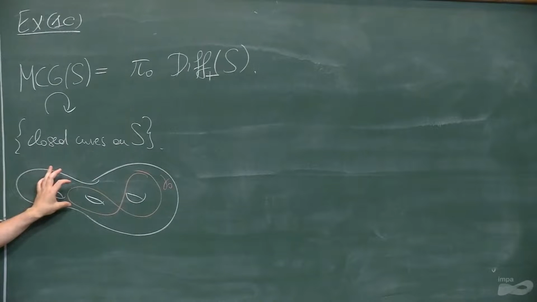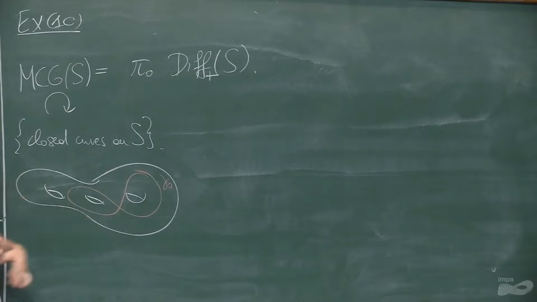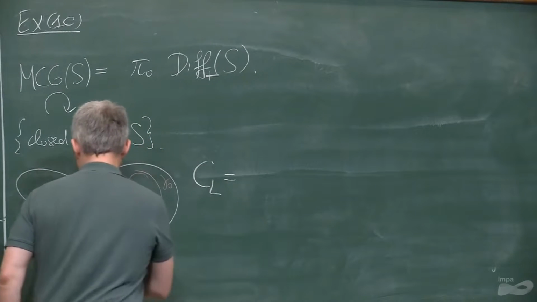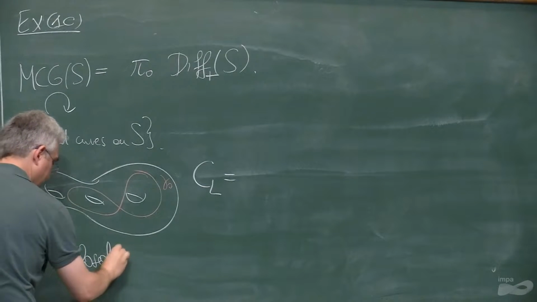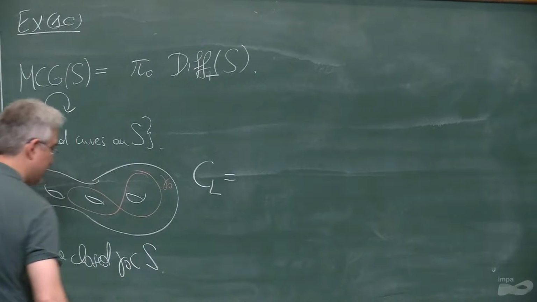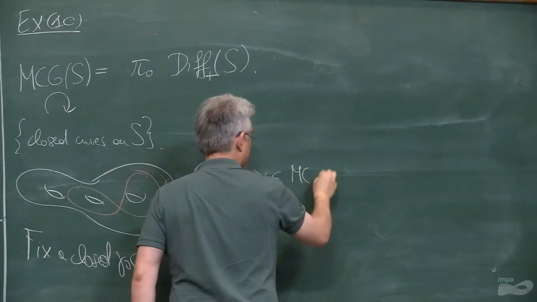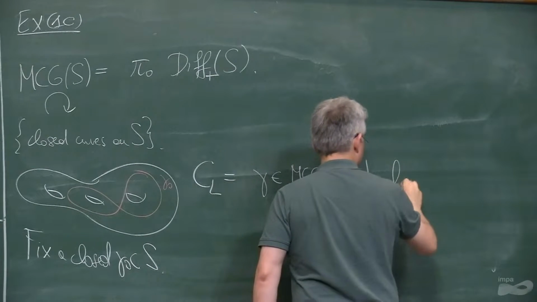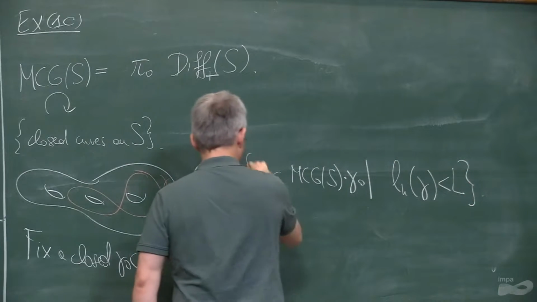So it can be another type, which is this one. And you want to count only curves of this type. So, for example, fix a closed curve gamma 0. And you want to count all gamma in the orbit of gamma 0 that has the property that the length is at most L.